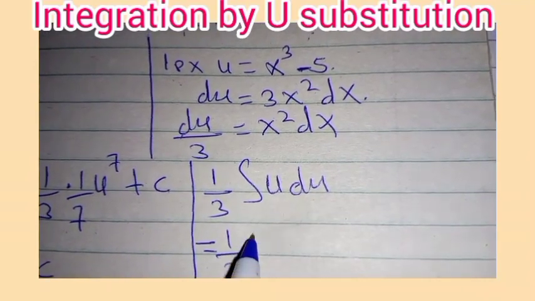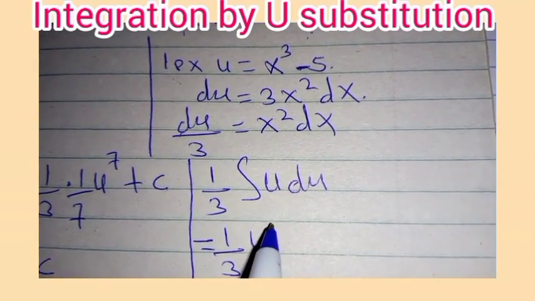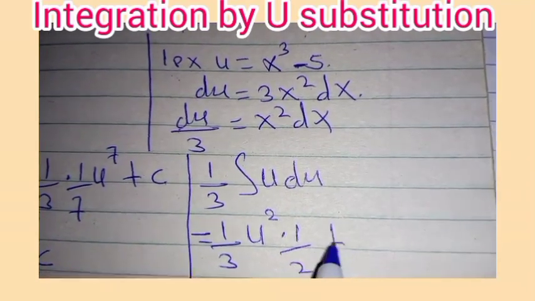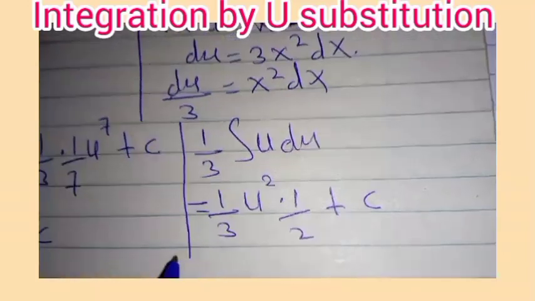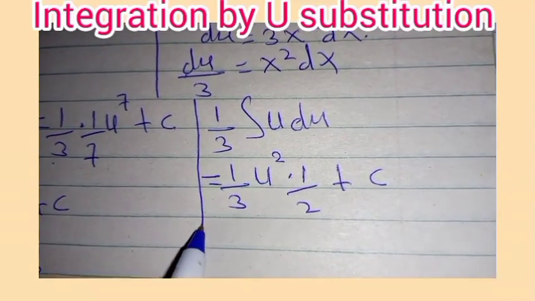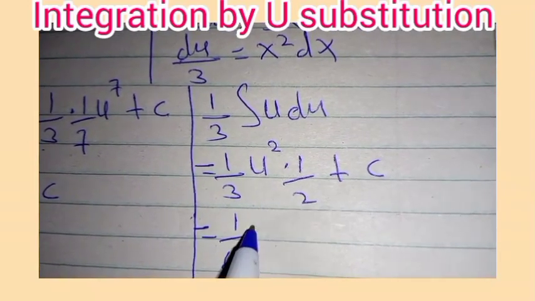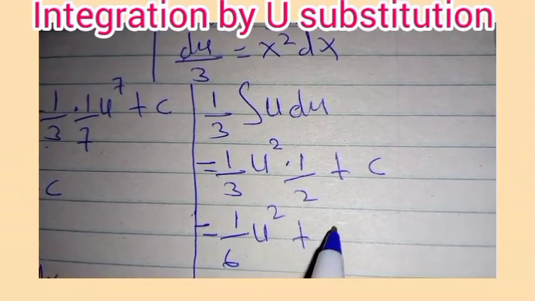This is equal to u squared multiplied by 1 over 2 plus c. This will give you 1 over 6 u squared plus c.